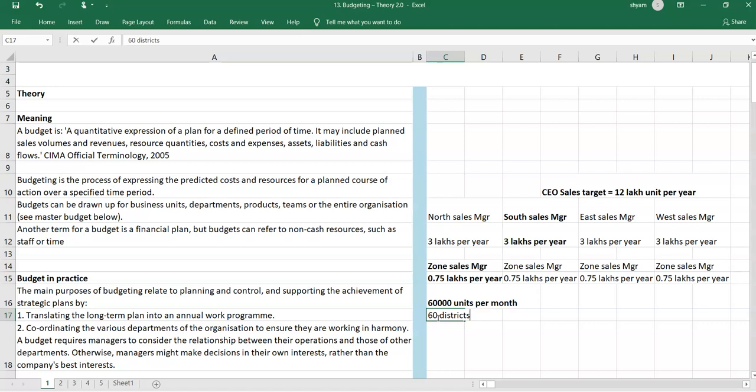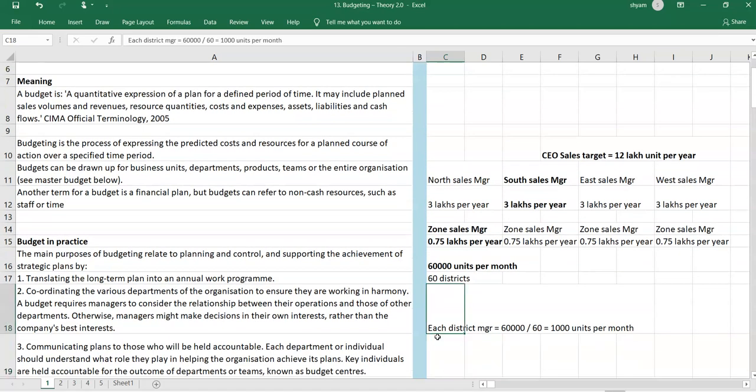That means for each district there will be a manager, and that manager has to sell how many units per month? 60,000 units have to be sold, and there are 60 districts. So each district manager has to sell just 1,000 units per month.